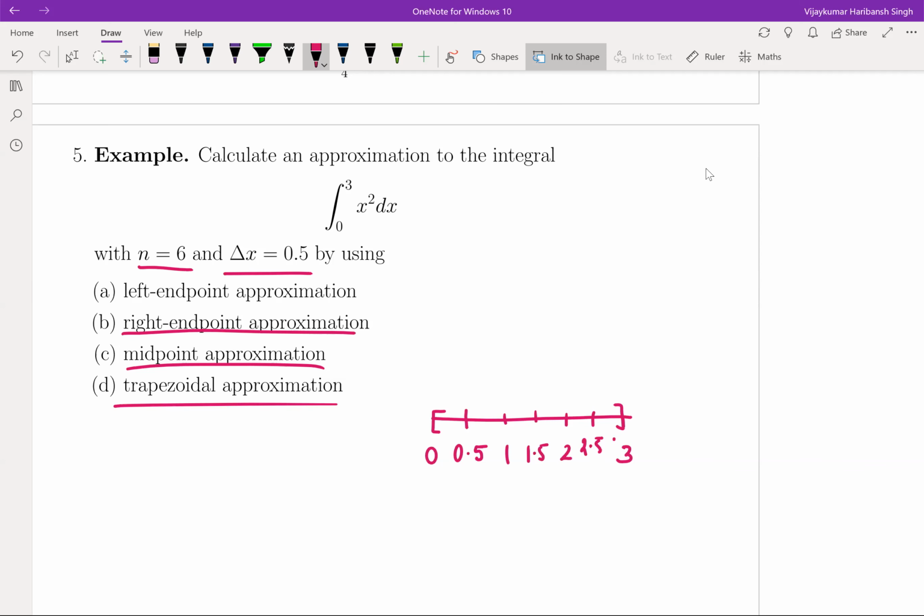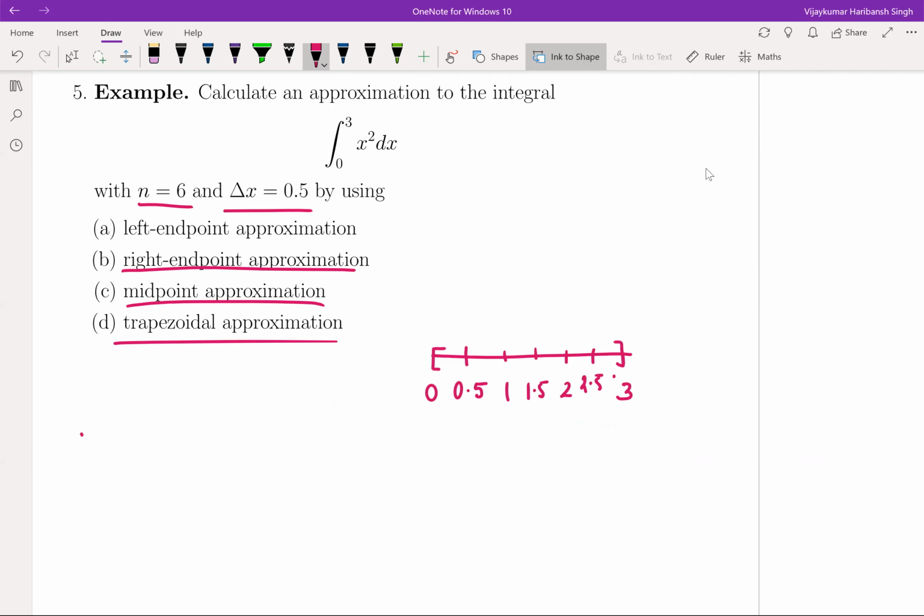So what is your L6? Your L6 is going to be the summation i going from 1 to 6 of f of xi minus 1 times delta x. It's a good idea to write it in expanded form.